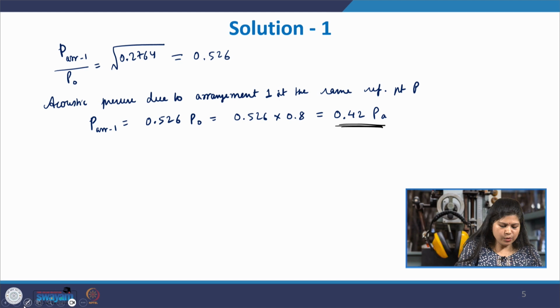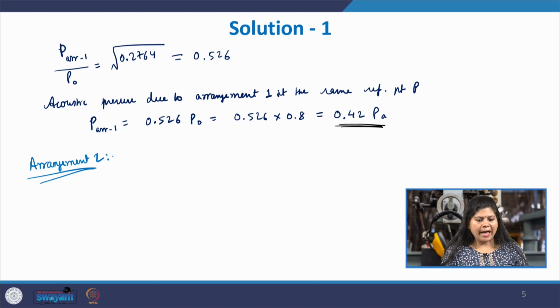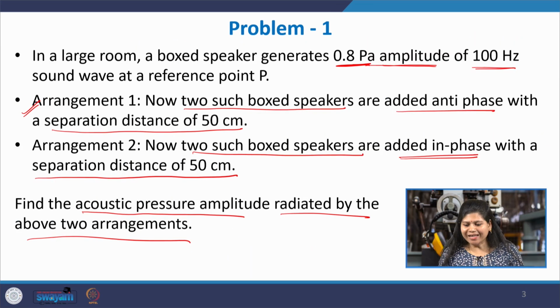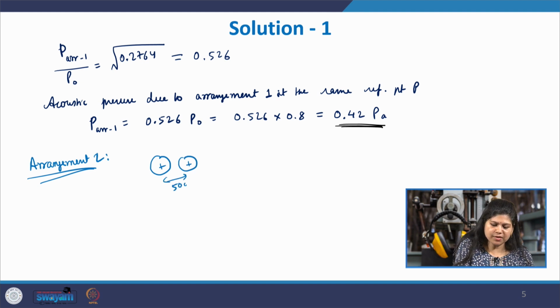Okay. Now, let us solve for arrangement 2. Again, arrangement 2 is in phase. So, here it will not act as a dipole, but rather as an extended monopole, with sources separated by 50 centimeters.